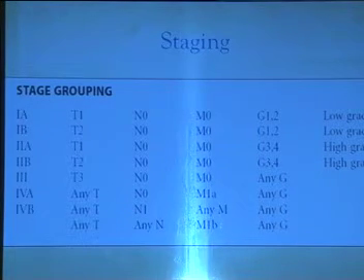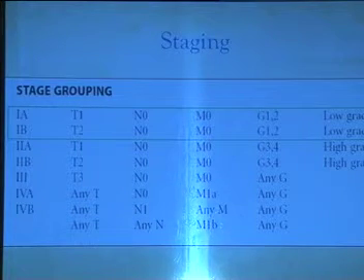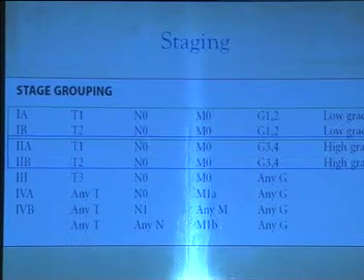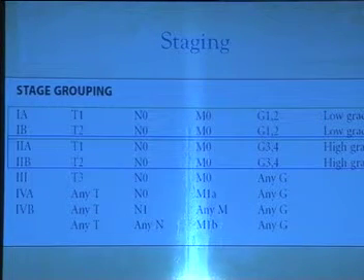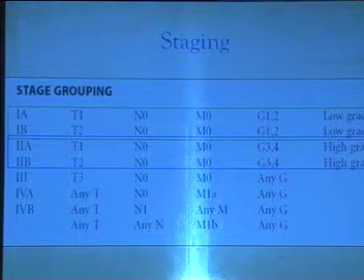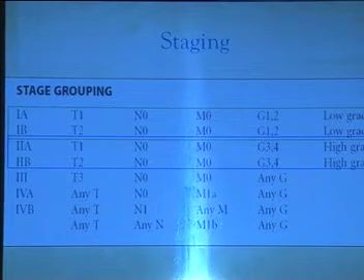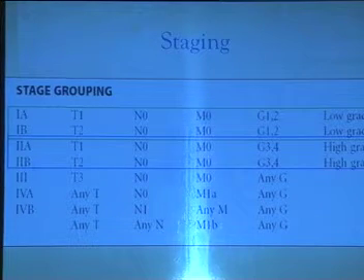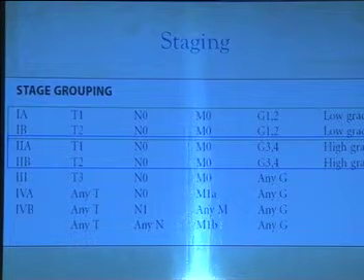So if we look at the full stage grouping, we have stage 1, stage 2, stage 3, and stage 4. So just to simplify it, all low-grade tumors which are localized, that is not spread anywhere else, are stage 1.